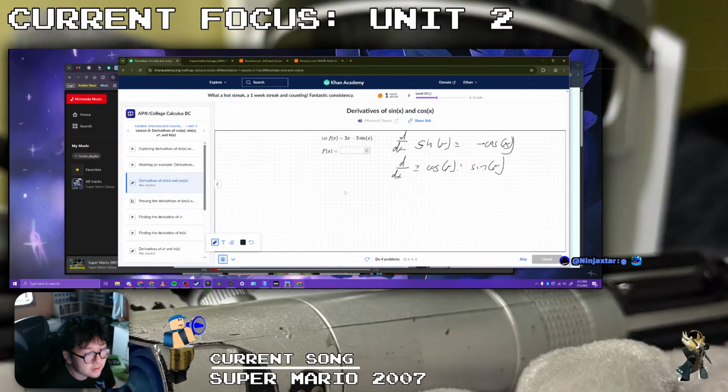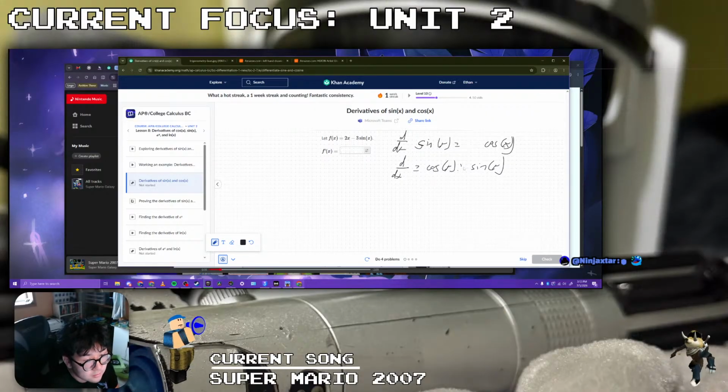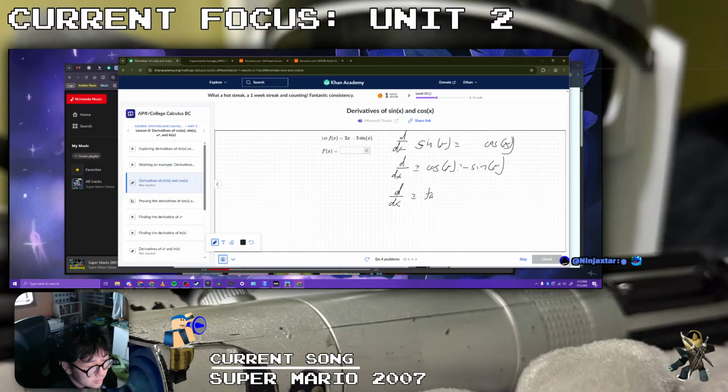I got it backwards before. And for tangent, I think it equals secant squared. Okay, now for the other trig functions.